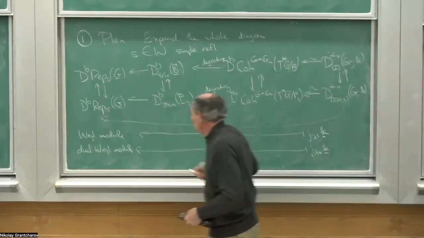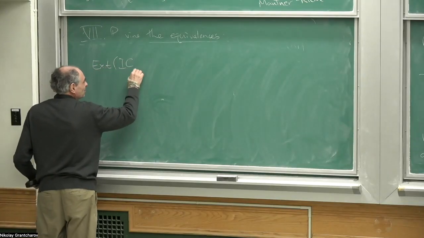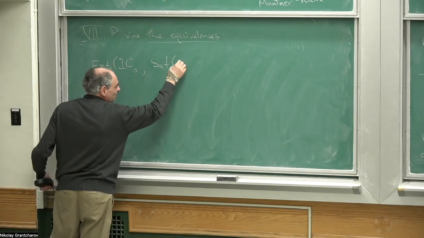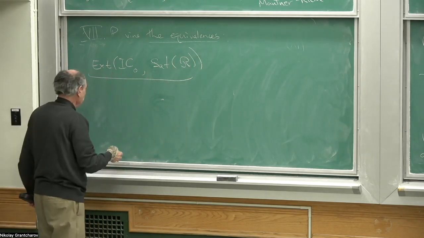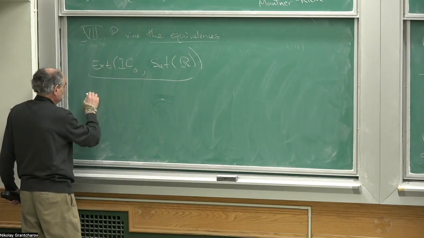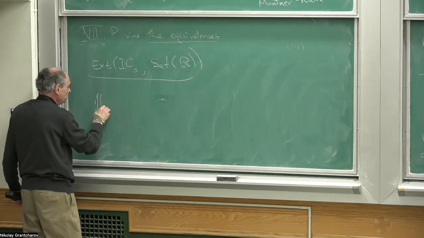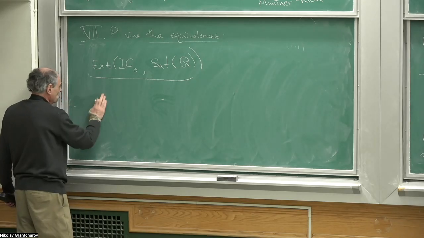First of all, there was this object Ext from IC_0 or Satake R. It looks like something strange, but in fact, this is a completely general thing. First, we have some monoidal category, which is in our case the Satake or whatever. And in this category, we have the monoidal unit object. And then essentially what we want to do is compute Hom or RHom from this object to itself.